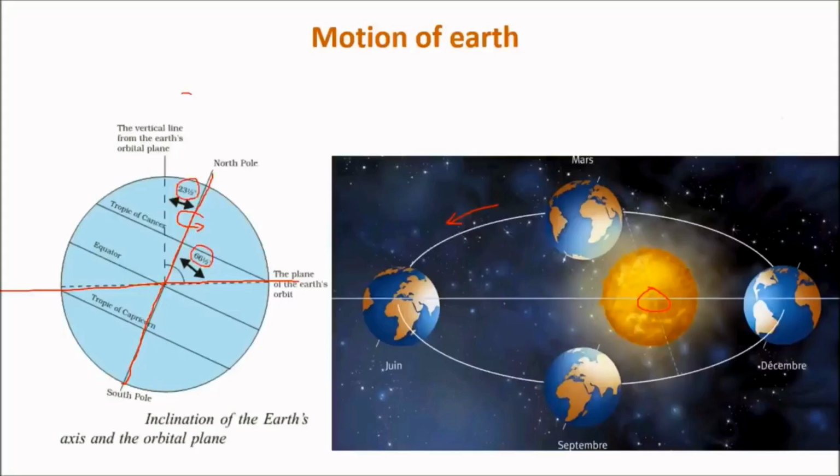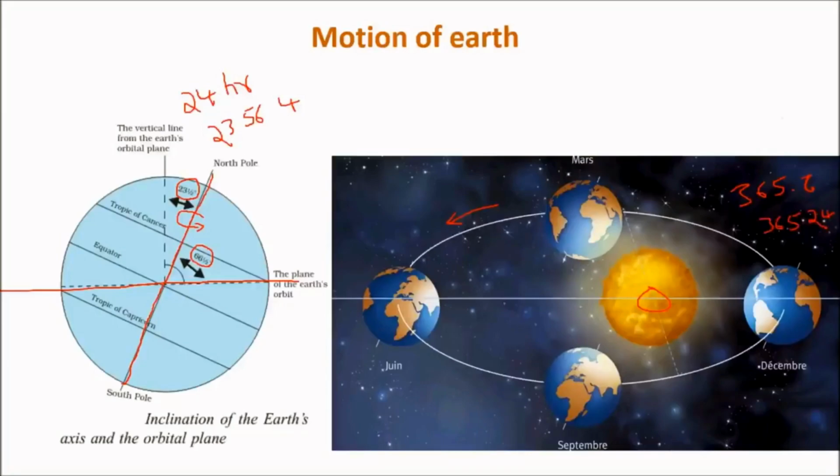Earth takes about 24 hours to complete one full rotation. To be precise, it is 23 hours, 56 minutes and 4 seconds. Likewise, Earth takes about 365 days to complete one full revolution, and precisely it's 365 days and 6 hours, or 365.24 days.